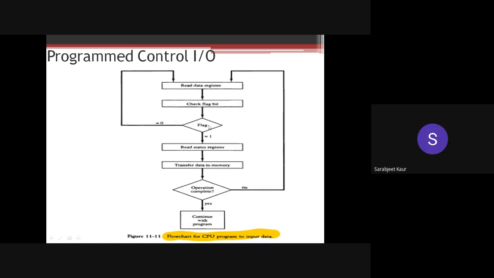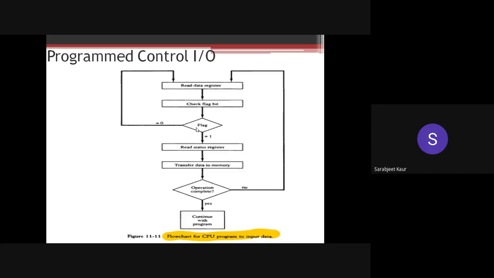Instead of the processor checking the IO device again and again and getting stuck in this loop, it is now the IO device's prerogative to interrupt the processor when the data is there in the data register of the interface of the IO device. So in the meanwhile, at least the processor can do other jobs.